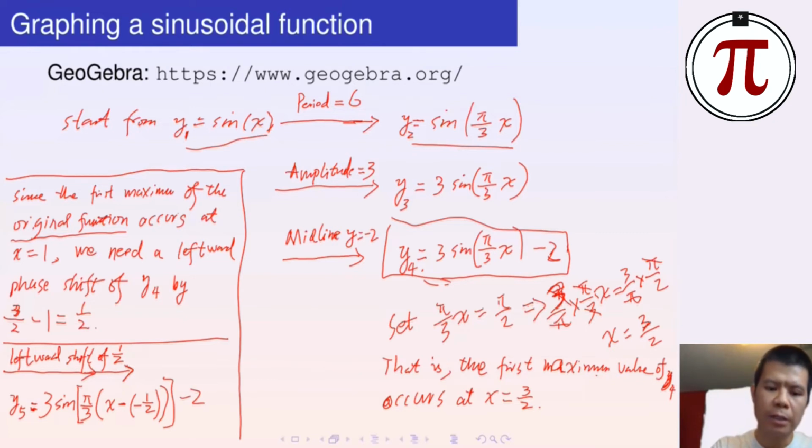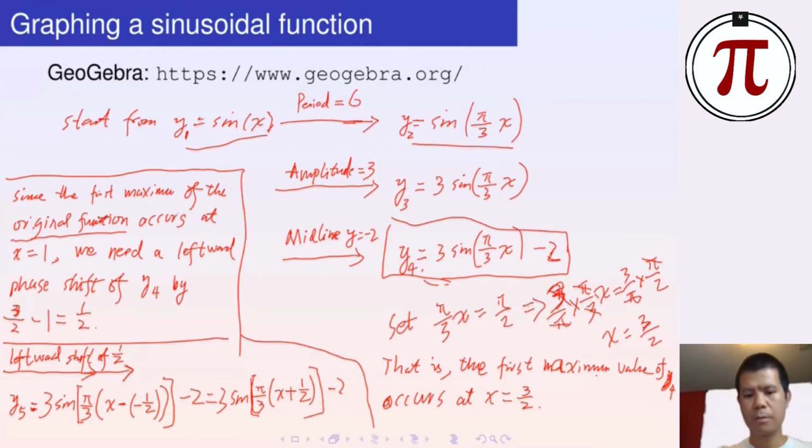And we can simplify this one. This equals 3 sine, in the bracket, pi over 3 times x, and minus 2.